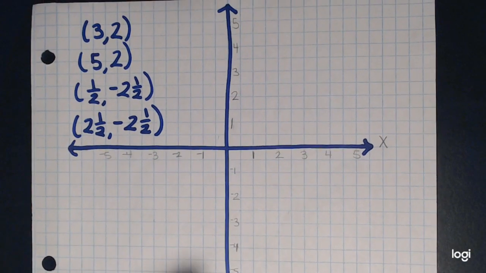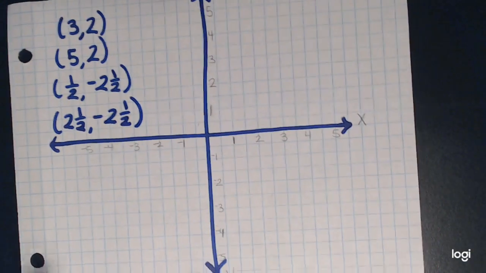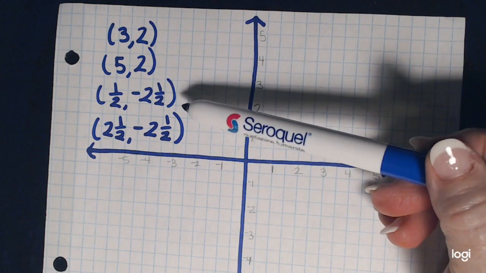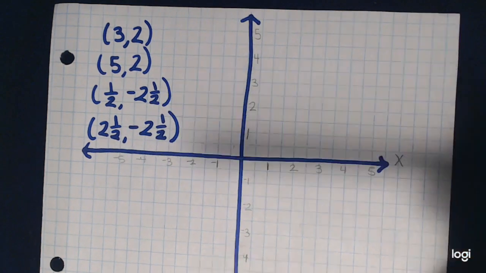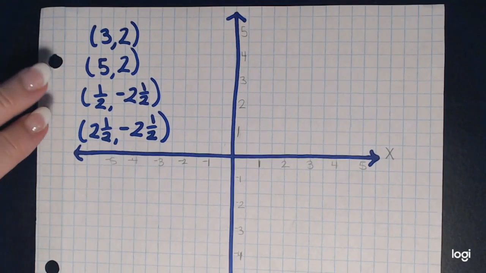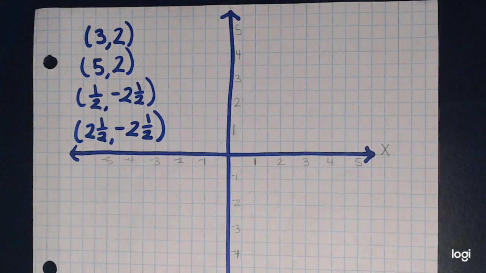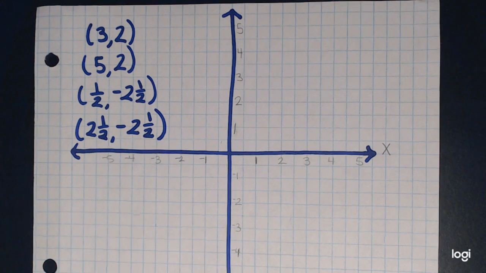So you will notice I've listed here some ordered pairs: (3, 2), (5, 2), (2.5, ...), and (-2.5, ...). We're going to actually take these ordered pairs and plot the points, connect the dots, and actually make a polygon.